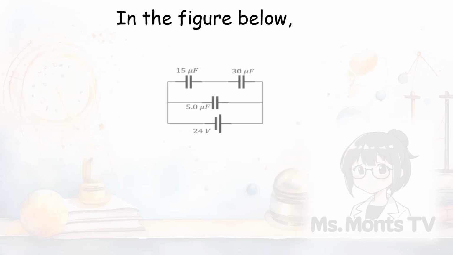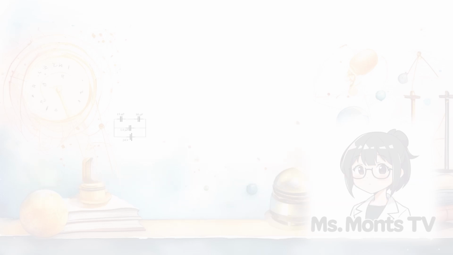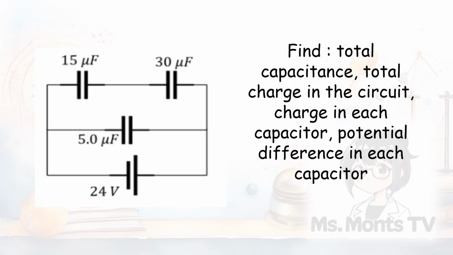Next question, in the figure below, find the total capacitance, total charge in the circuit, charge in each capacitor, potential difference in each capacitor. So we'll name this V total, C1, C2, C3. Find the capacitance total, charge, Q1, Q2, Q3, V1, V2, V3.